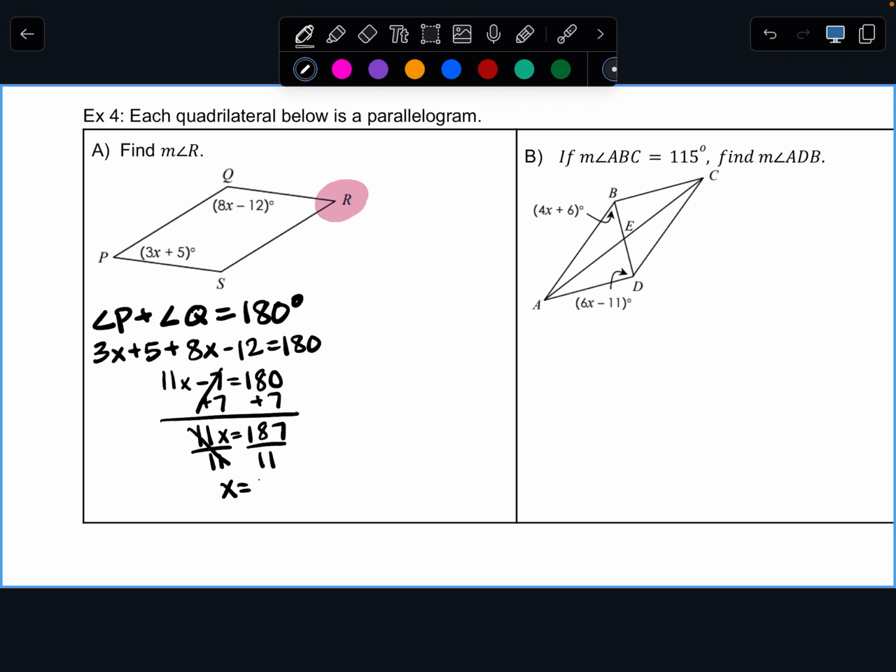x equals 17. So we have expressions for angle P and angle Q. Which one is going to help us solve for angle R? P, because it's the opposite angle. We know that this is congruent to this. So let's substitute 17 in for 3x plus 5.